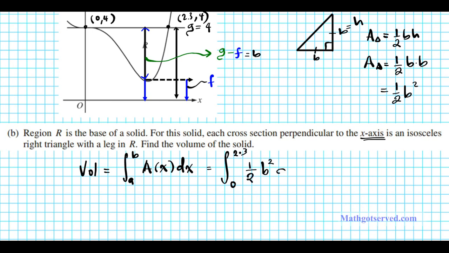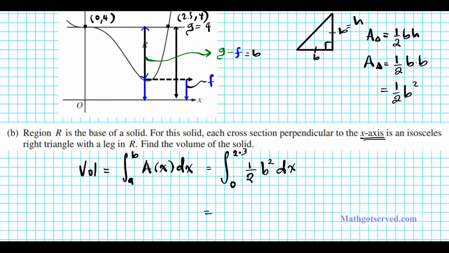But we know that b is equal to g minus f, so we'll factor out the 1/2, and then we'll have the integral from 0 to 2.3, and b is g minus f. We know that g is 4, so we have 4 minus f quantity squared dx.